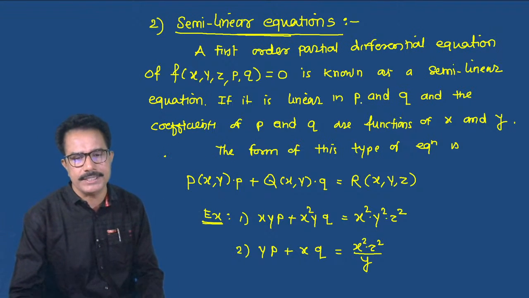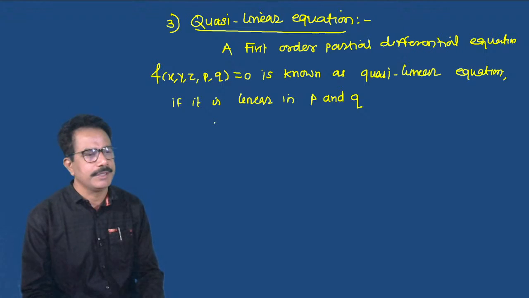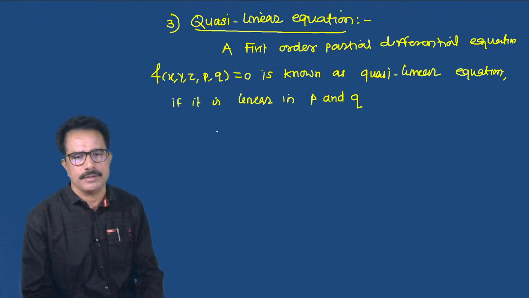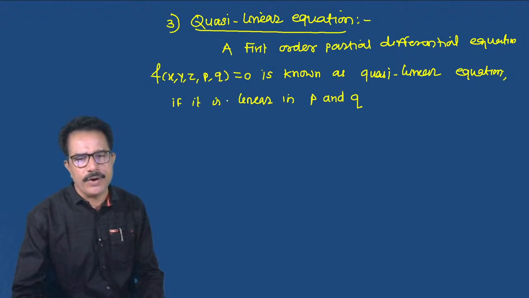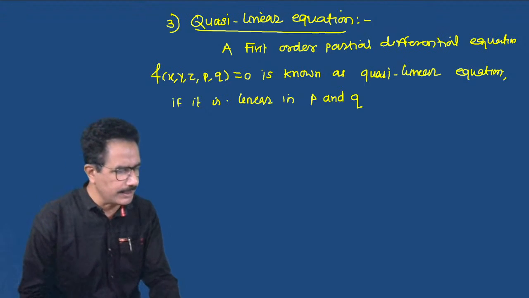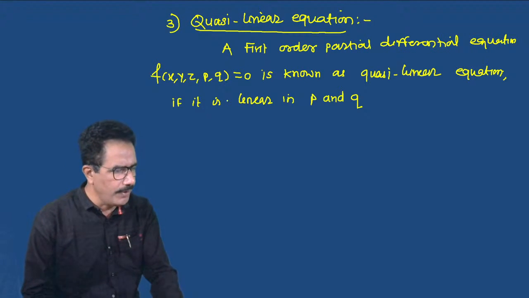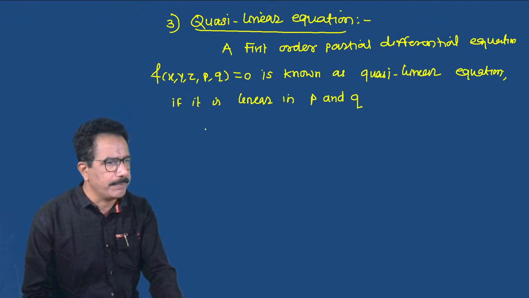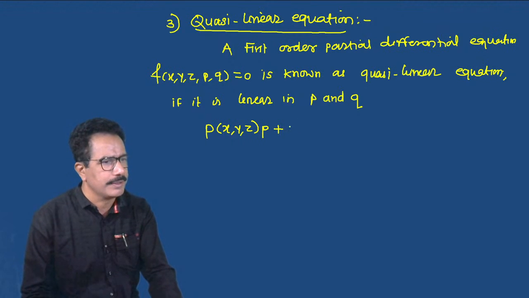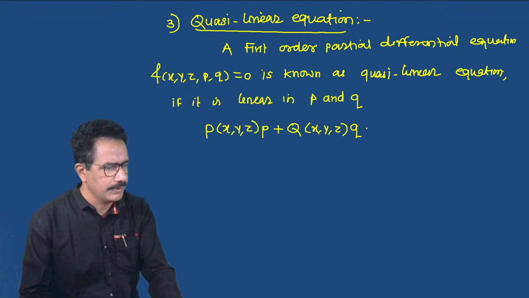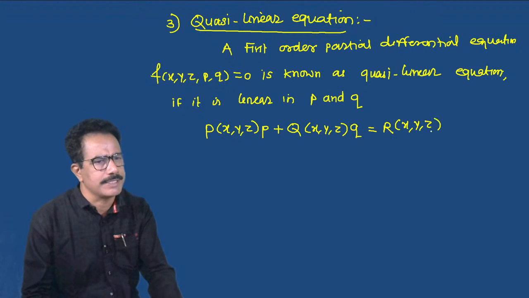So we can write in this way also, which is in the form of the quasi-linear differential equation, here capital P of x comma y comma z into small p plus capital Q of x comma y comma z into small q equals r of x comma y comma z.